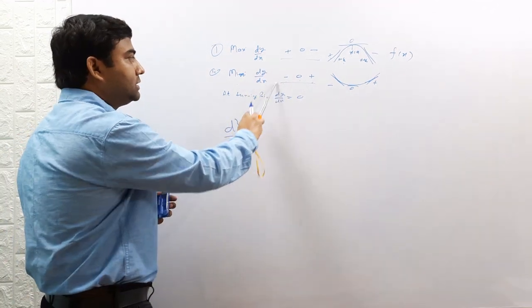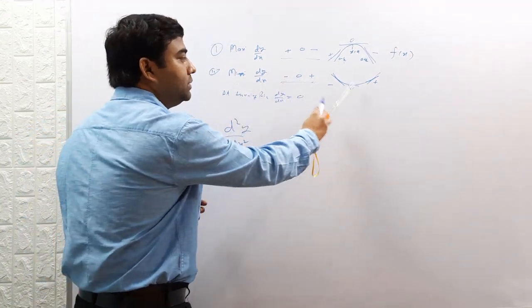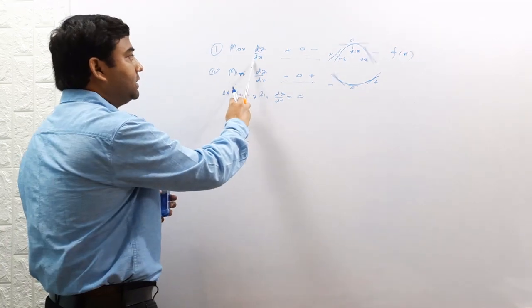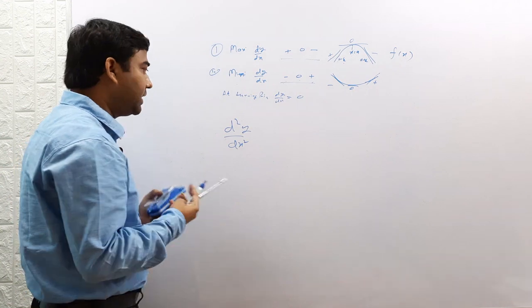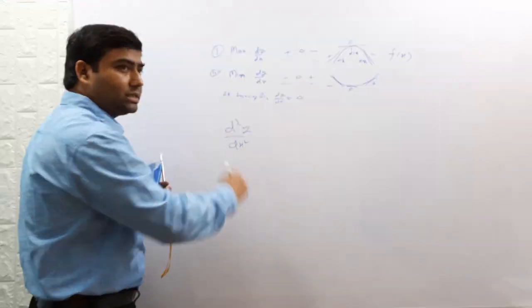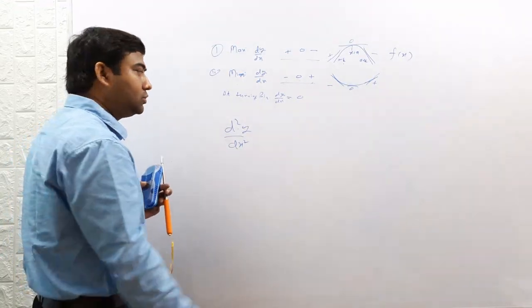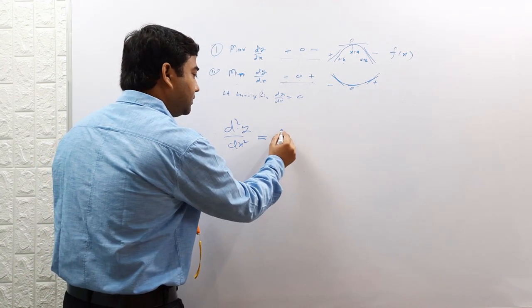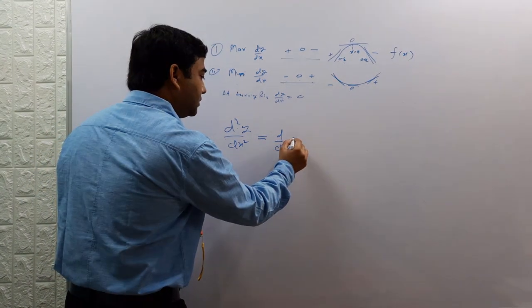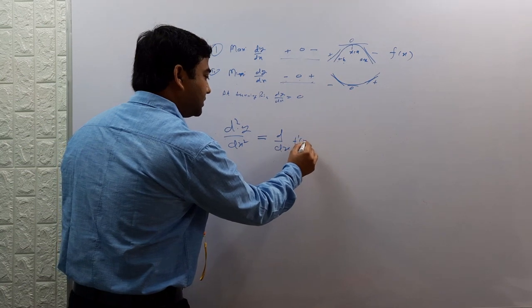The derivative function is increasing for minima and decreasing for maxima. Hence, d2y over dx2 is nothing but the derivative of f dash x.